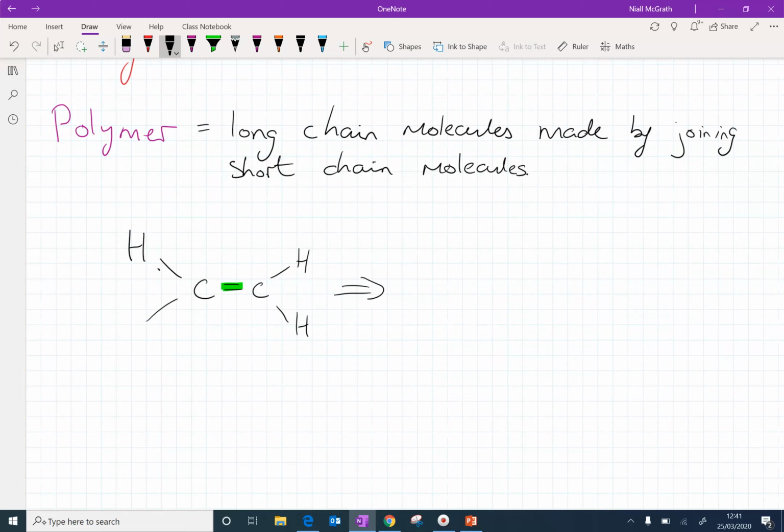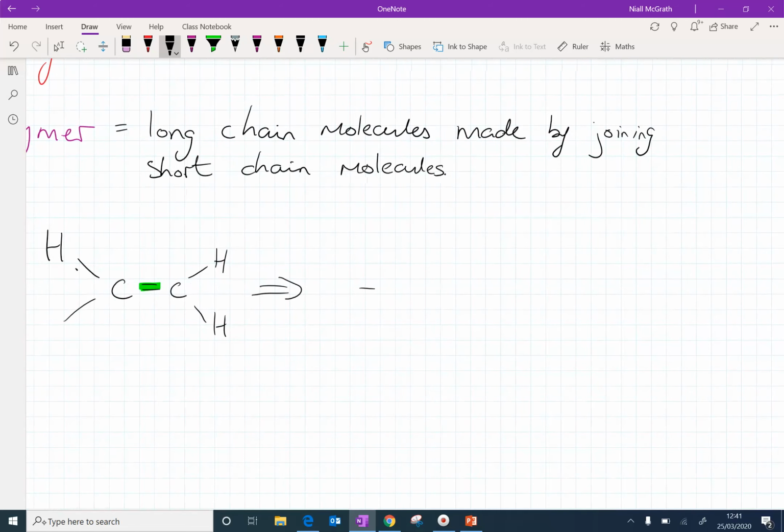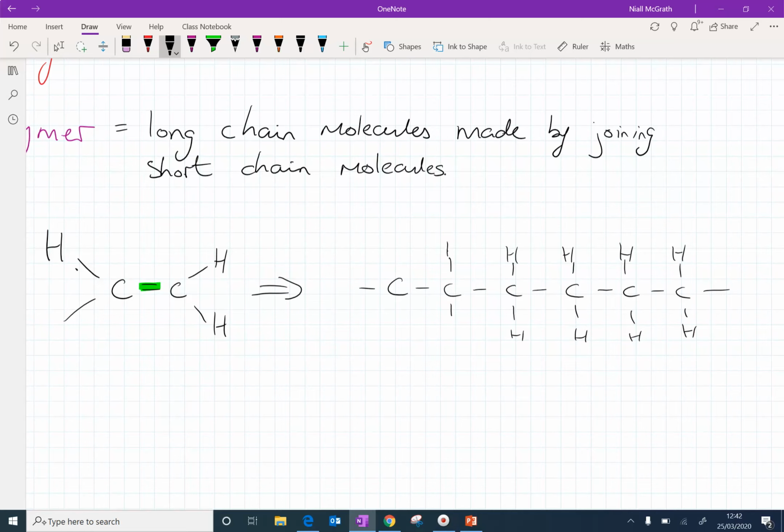If you have many units joined together, you're going to have all carbons. So if we go for 3 molecules joined together, C2H4 is ethene, so that's 1 molecule, that's 2, and that is 3. And they keep repeating over and over again.